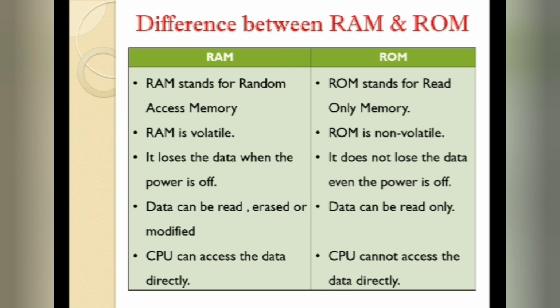In RAM, CPU can access the data directly. In ROM, CPU cannot access the data directly. Could you understand, children?